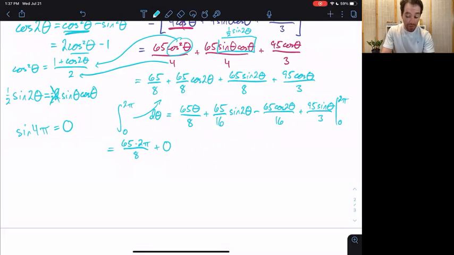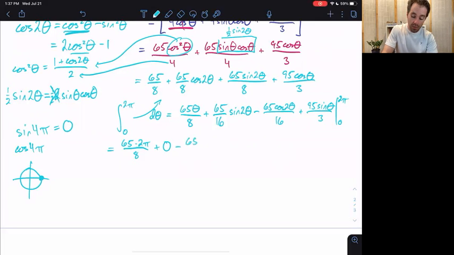Then minus 65 over 16 times cosine of 2 theta. Well, this is cosine of 4 pi. And remember your unit circle, 4 pi is right here, and the cosine of that is 1. So this will be minus 65 over 16 plus 95 sine theta over 3. When we put 2 pi in for that, that's 0 as well. So that's the first evaluation.